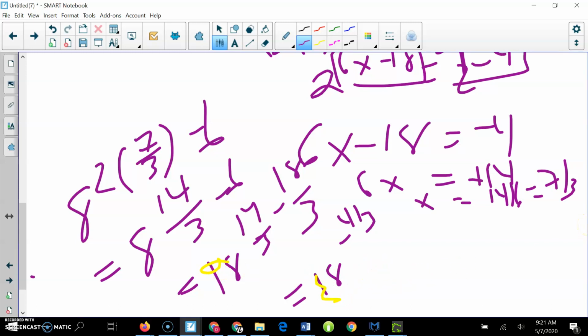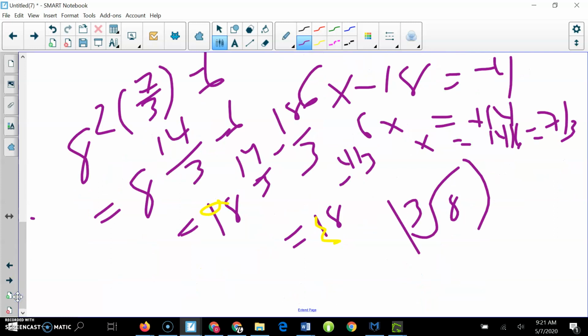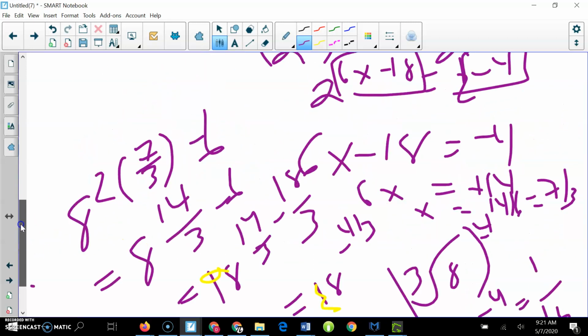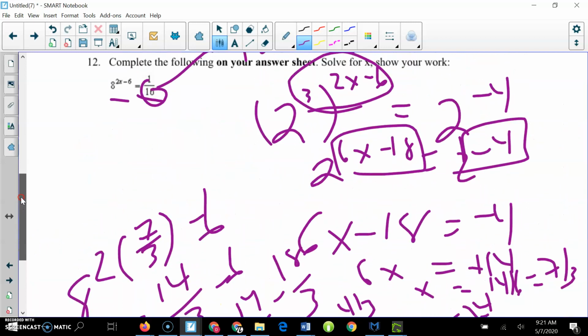Is that right? Well, that's the third root of 8 to the power of negative 4, which is third root of 8 is 2, to the negative 4, which is 1 over 16. So it's right. Okay, that's hideous. Hopefully you followed it. But the answer is positive 7/3.